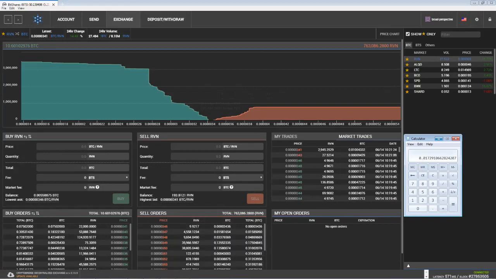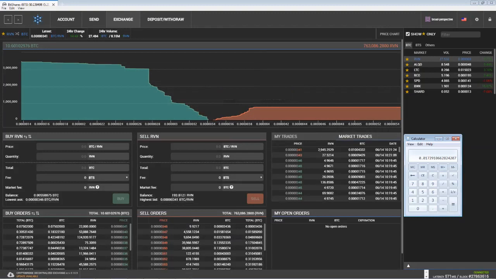Now, in a case like this, for me, with relatively small amounts, I would only have 193 Raven and at the moment 0.0055 Bitcoin available. So that'd be pretty small compared to all these orders of thousands and thousands. So I'm going to want to set up my bot to run in between those numbers as close as I can.